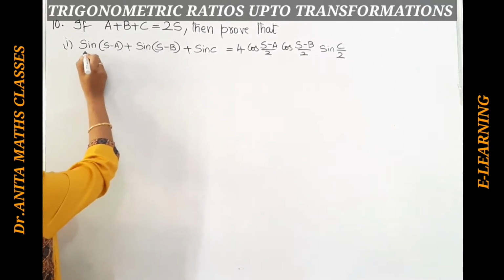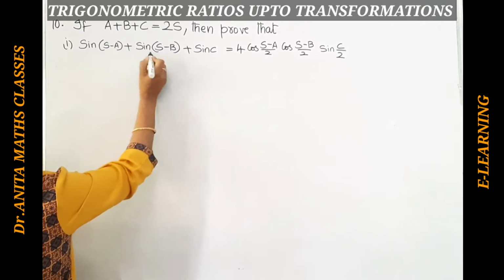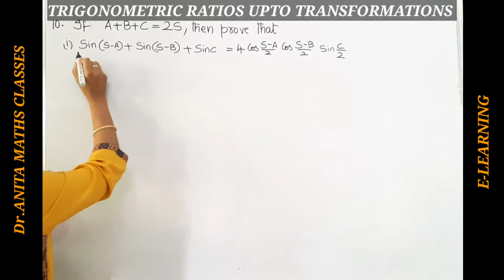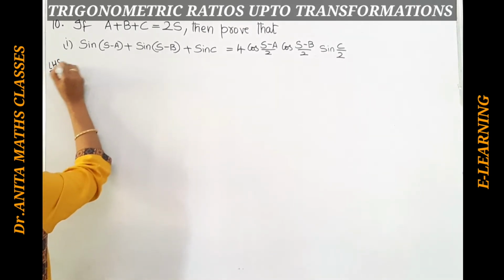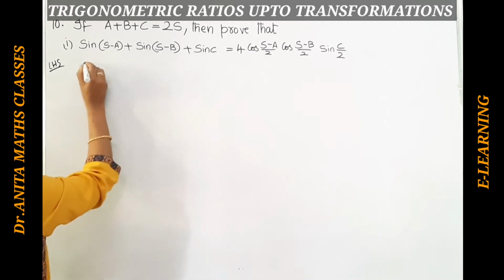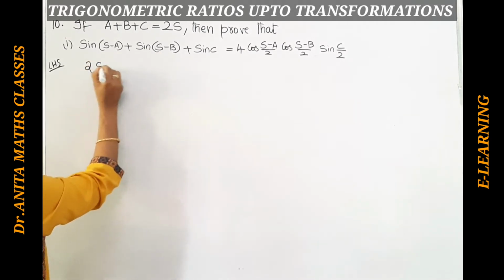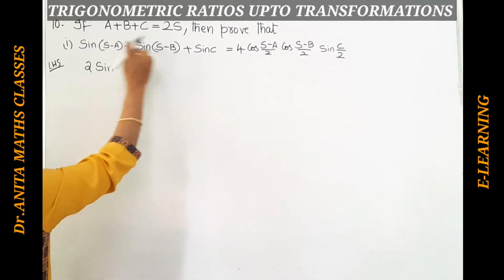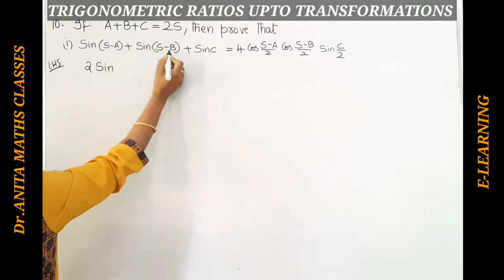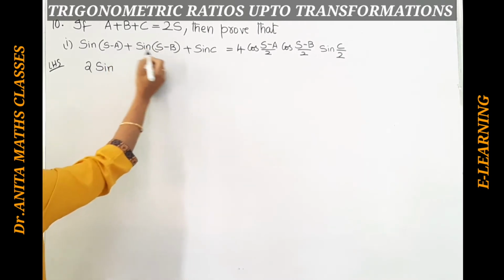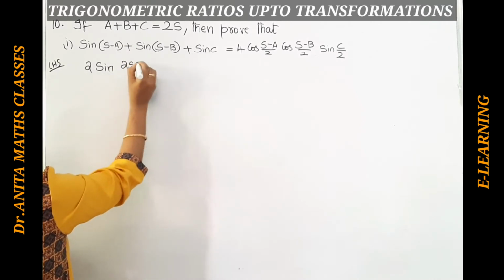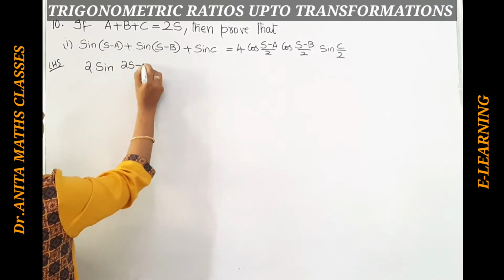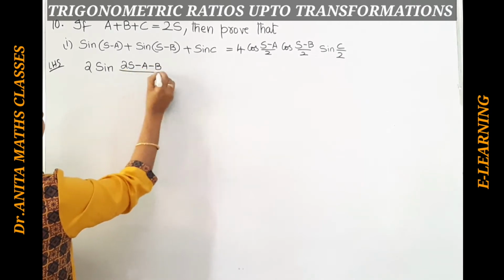Sin A and sin B. There is a plus, so we will transform this first, taking the LHS, sin and sin. So this becomes 2 sin (A plus B)/2. If you are adding this, s minus A, s minus B, so 2s minus A minus B, by 2.